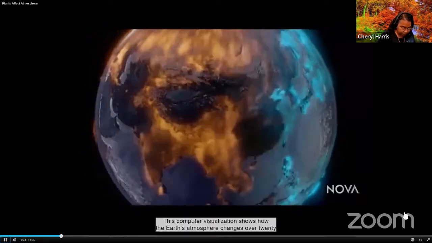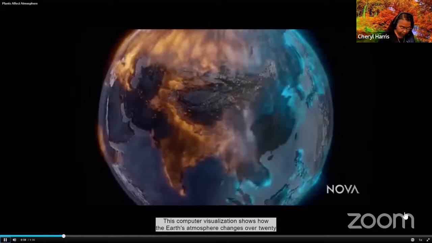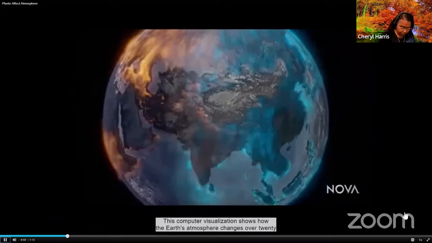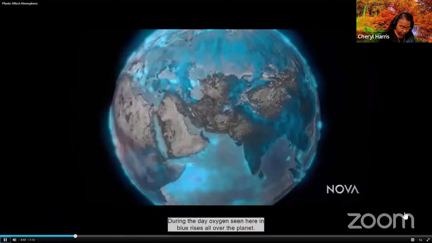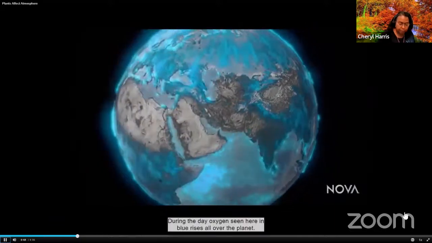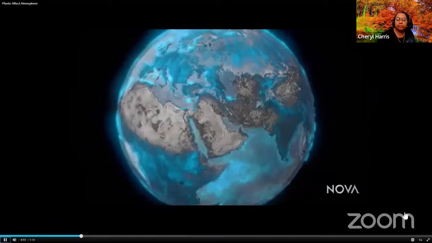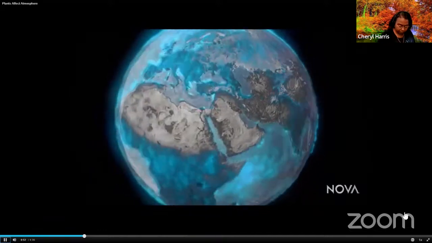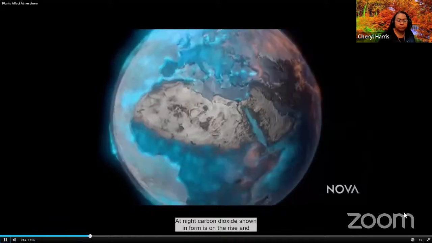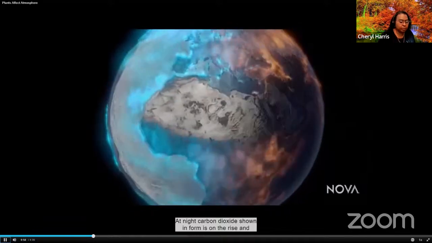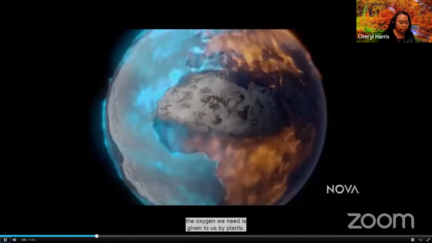This computer visualization shows how the Earth's atmosphere changes in 24 hours. During the day, oxygen rises all over the planet. Carbon dioxide is shown on the rise at night. The oxygen we need is given to us by plants.